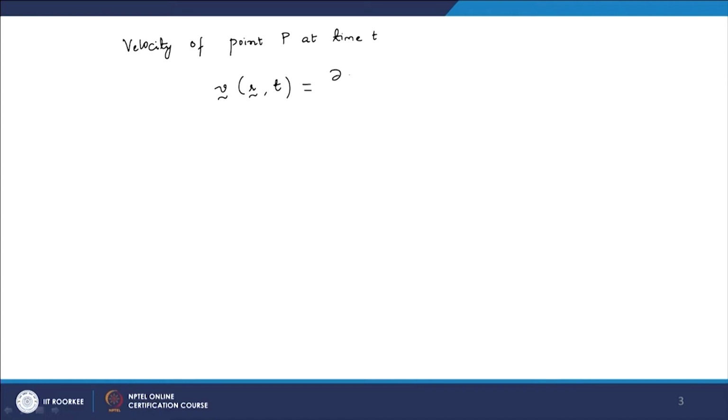The reason why we use a tilde rather than the arrow sign on top is because we soon will be needing higher order tensors and so on, and therefore, it is more convenient if I do it this way.